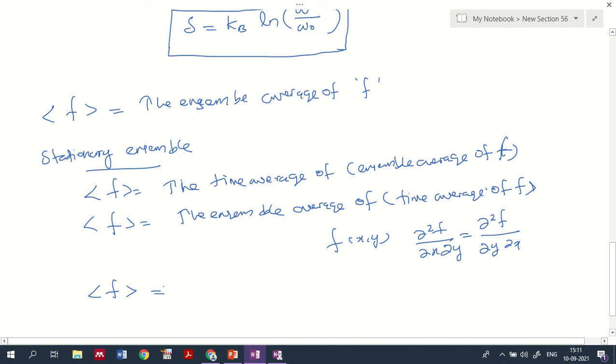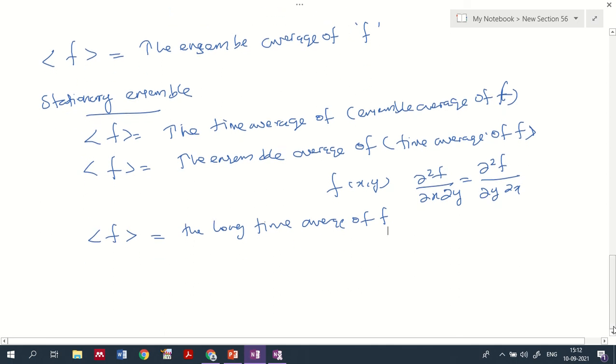In that case you can find the long time average of f, so you don't need to take the ensemble average and the time average separately. You can directly take the long time average of the function f, which gives the average value of that particular function.